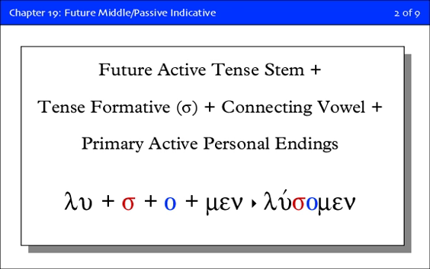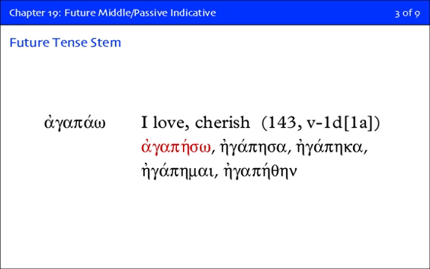But then they also added a connecting vowel, the same ones we're used to, and then they added the primary active personal endings. In other words, there's no new endings to learn here. But when you say I hear and I will hear, both forms are using the primary active personal endings. And so, for example, you get lusomen. There's your parts.